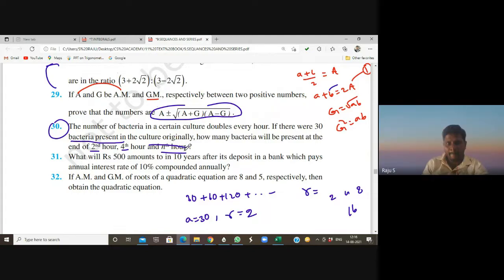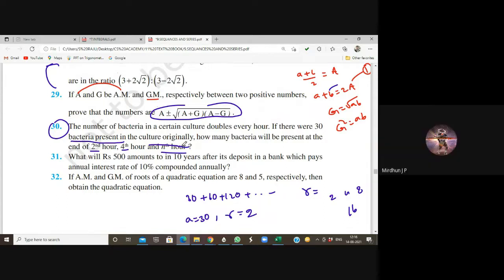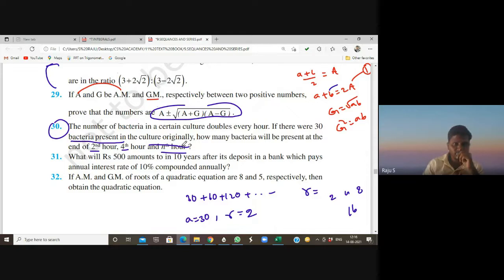Students, we need to find the number at the end of the second hour. See, for example, 30 becomes 60.